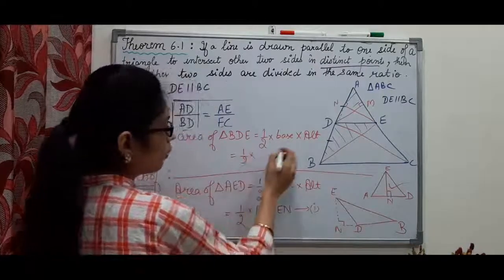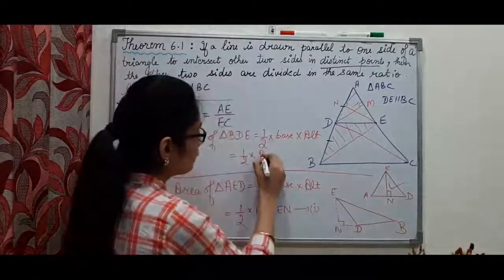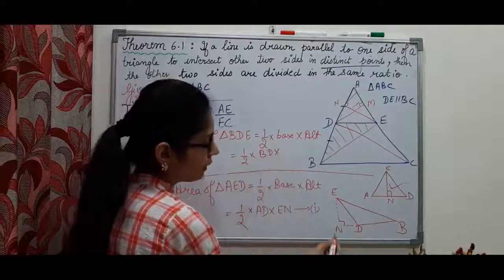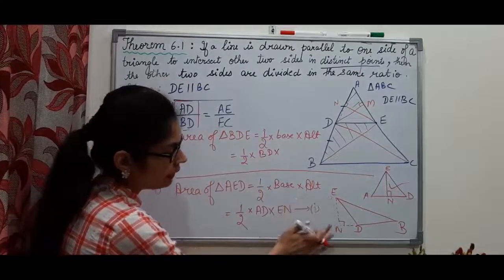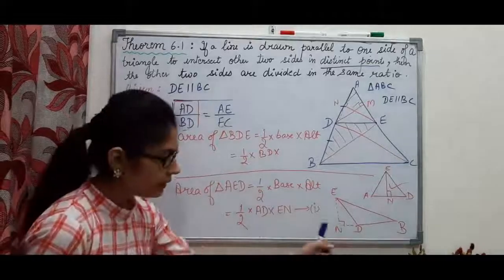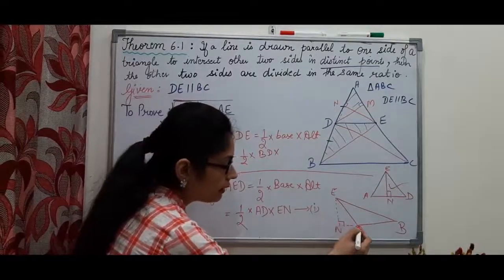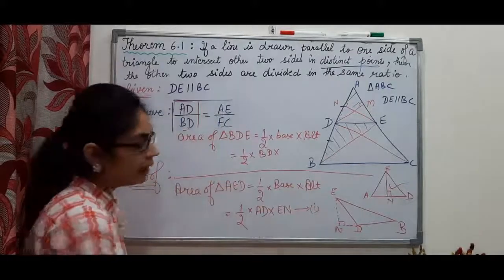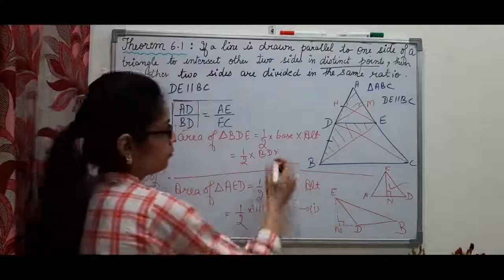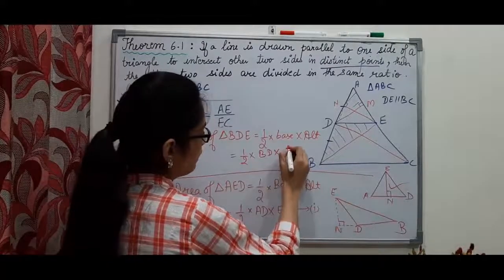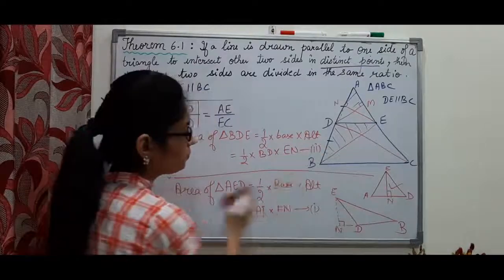So half into, what's the base of this triangle, which is written here, this is BD, into altitude. See, altitude, it will remain a straight line. So EN is the straight line which we can see in this triangle also, although we are getting it by extending point D, but still EN is the altitude of this triangle also. So I will write EN. So this I will mark as 2.